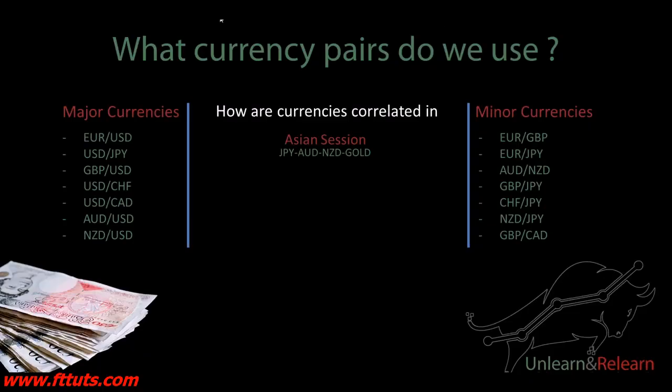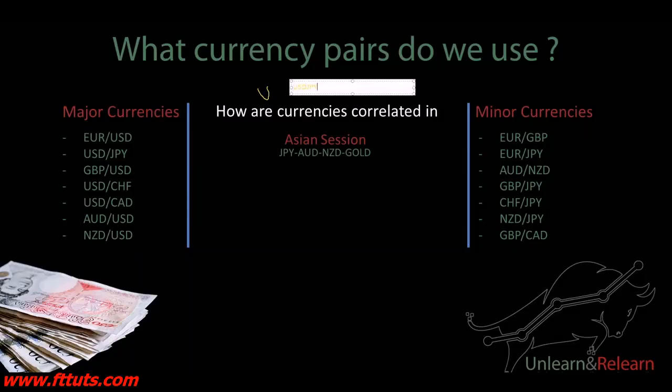Let's say you have USD JPY. Let me just write down over here. You have USD JPY, GBP JPY, and Euro JPY. This will be interesting for some people.